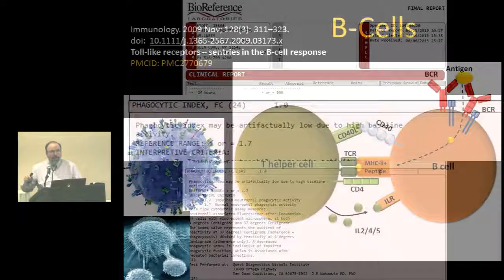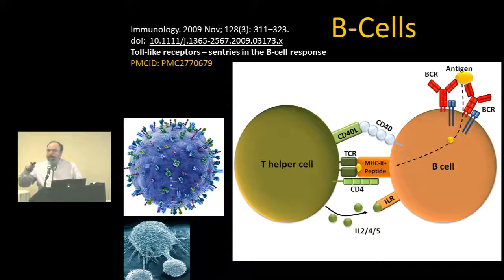Okay, so B cells. B cells can also act as antigen-presenting cells. And they also have a second messenger, okay? Here's your major histocompatibility complex, type 2. And here's the second message that's required in order for the B cells to transmit the information. Remember, the MHC complex has a little bit of antigen on it, a little bit of the foreign material.